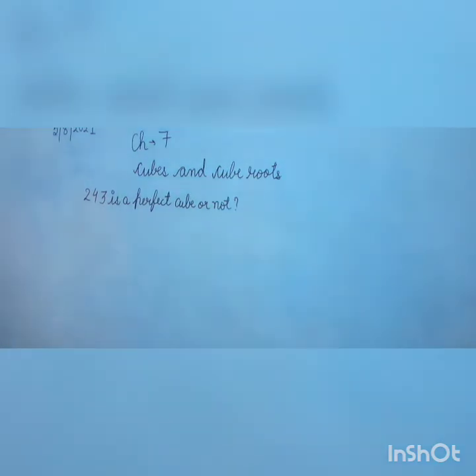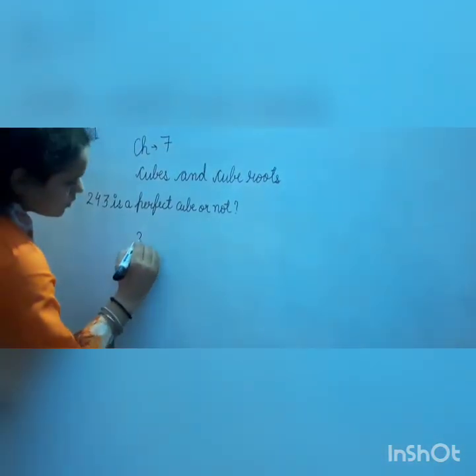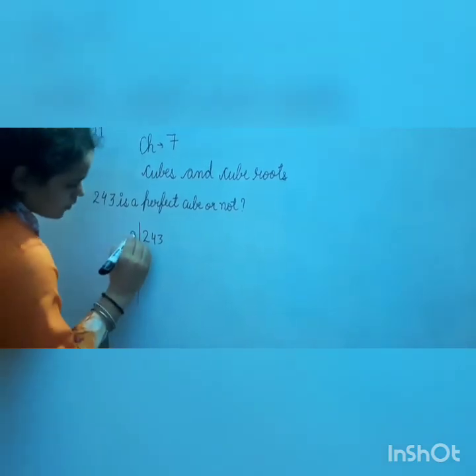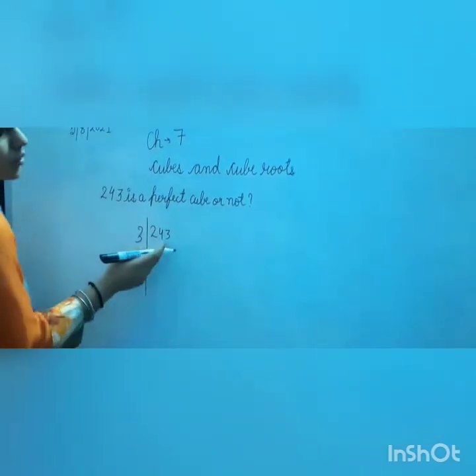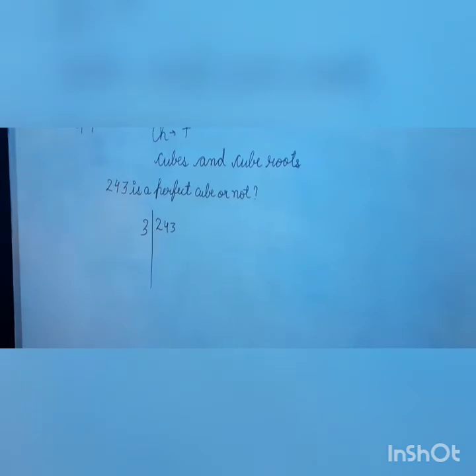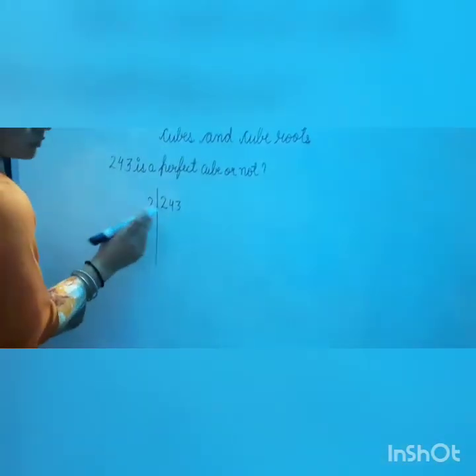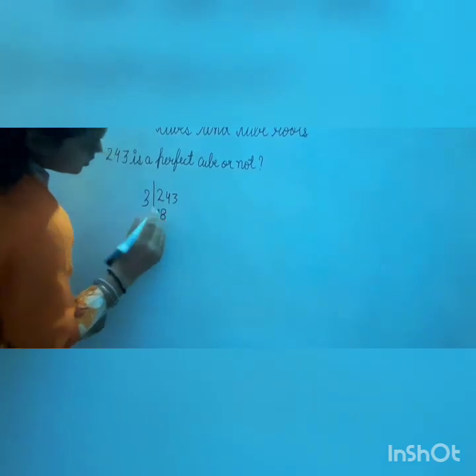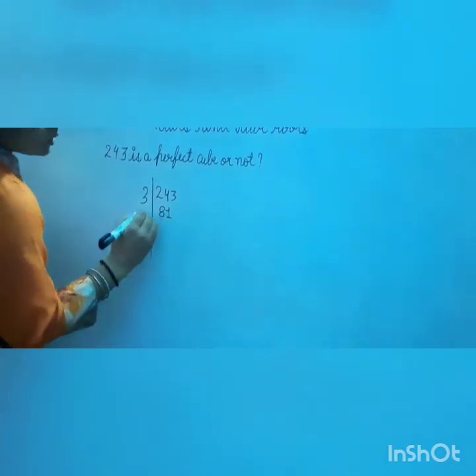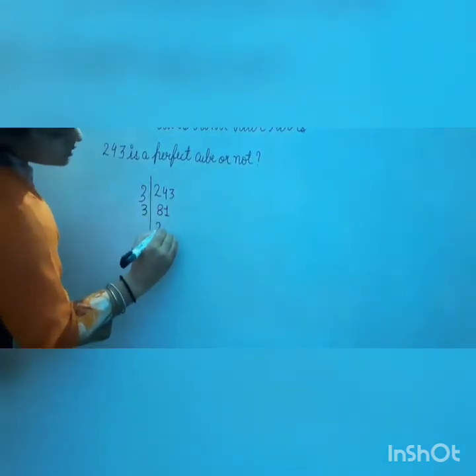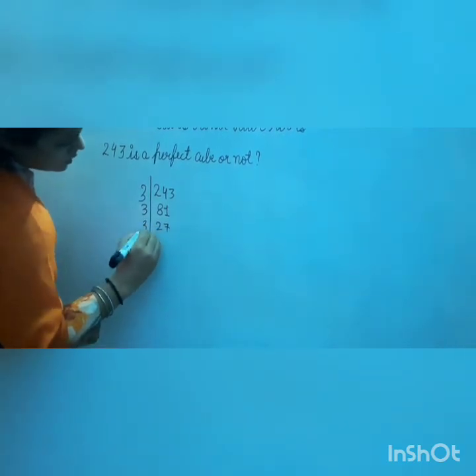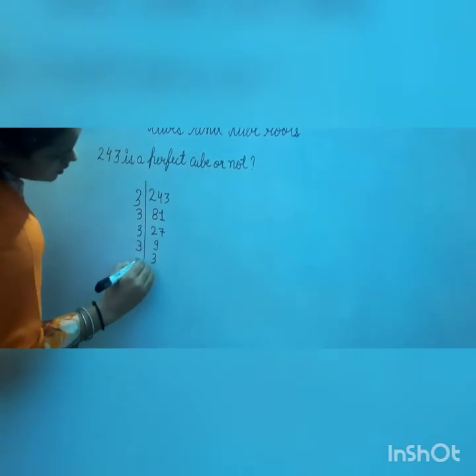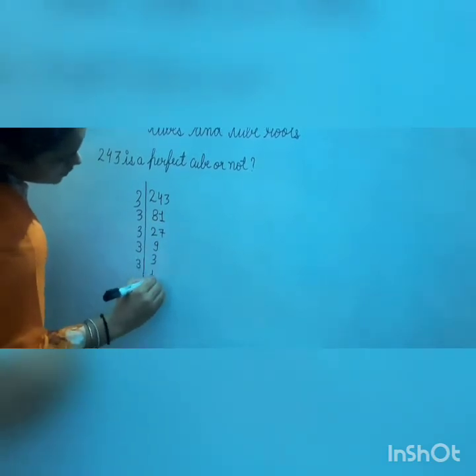Again you have to do it by the prime factorization method. 243 divided by 3 because it is an odd number. Okay, 24 comes in the table of 3 by multiplying 8 and 1. Again 3, 27, again 3, 9, again 3, 3, again 3, 1.